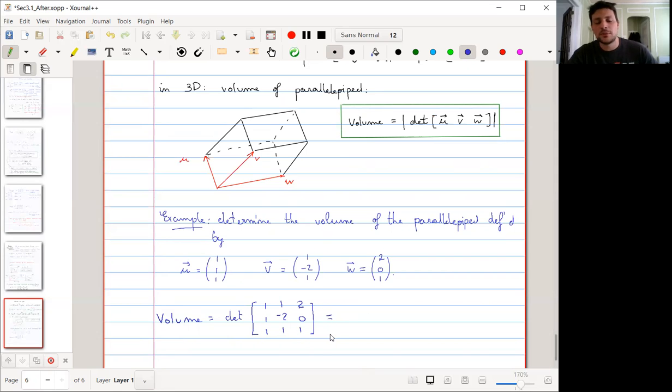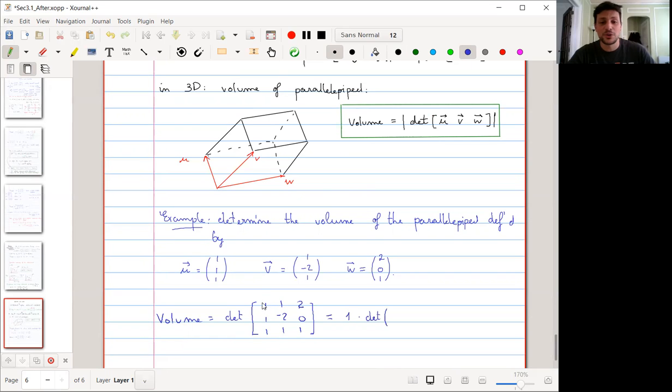To compute this determinant, we can use a cofactor expansion, and I want to take advantage of the fact that there's a 0. So I'll do a cofactor expansion along the 2nd row, which means that I will have 1 times the determinant of A2,1.